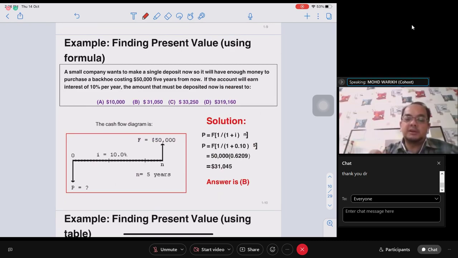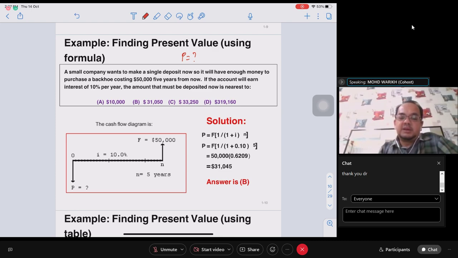That means you have to find P. A small company wants to make a single deposit now, so it will have enough money to purchase a backhoe costing 50,000 ringgit 5 years from now. If the account will earn interest of 10% per year, the amount that must be deposited now is nearest to.